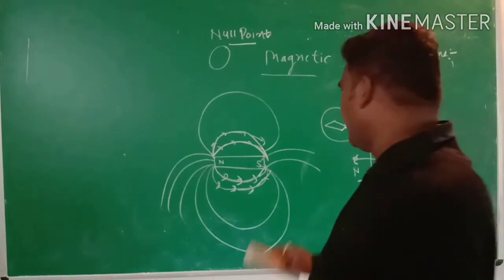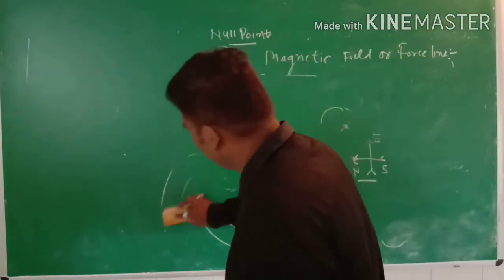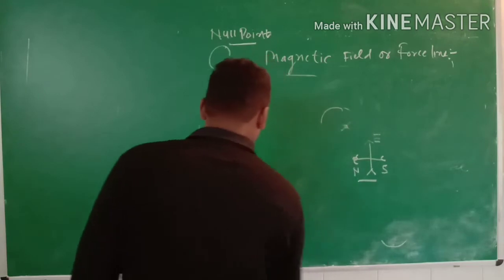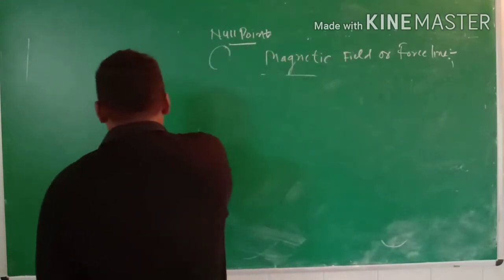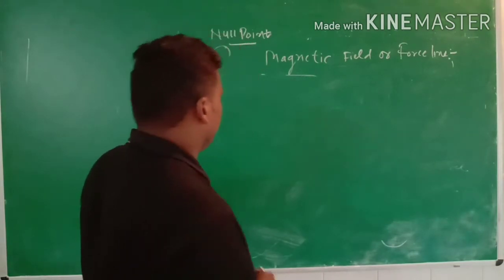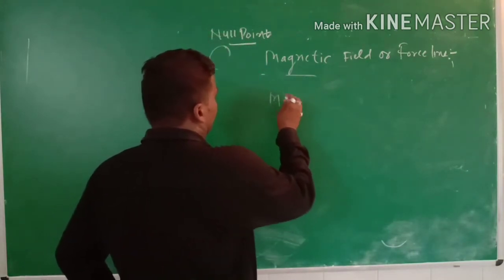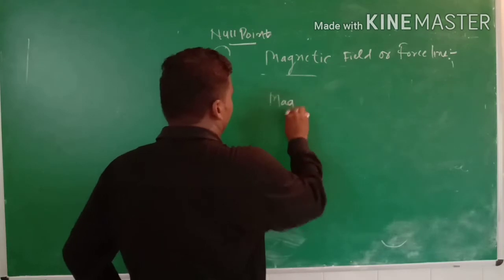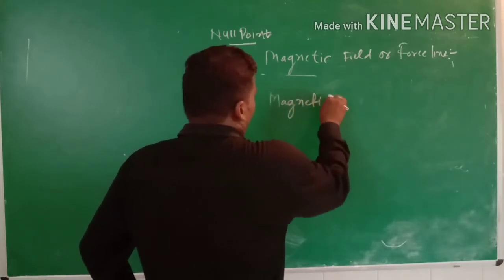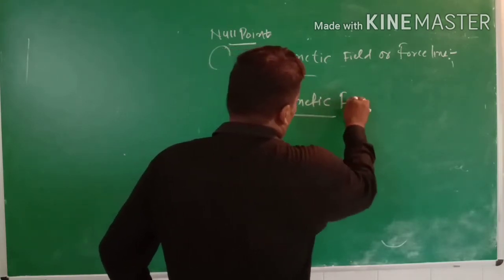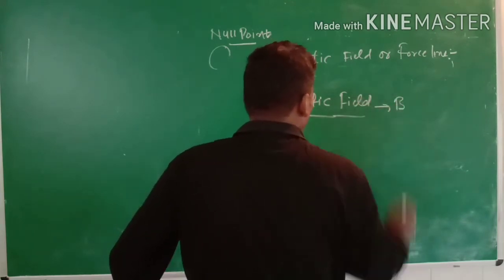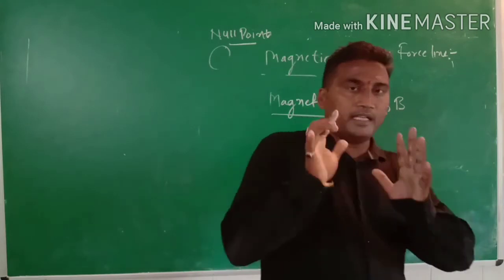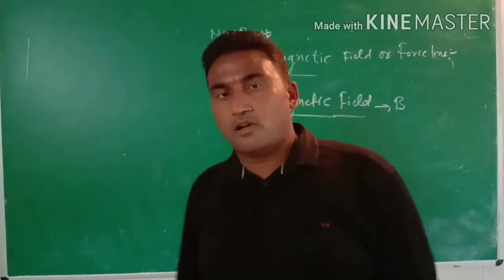Now we discuss the magnetic field. What is the magnetic field? It is denoted by B. The magnetic field is an area that experiences the behavior of the magnet.